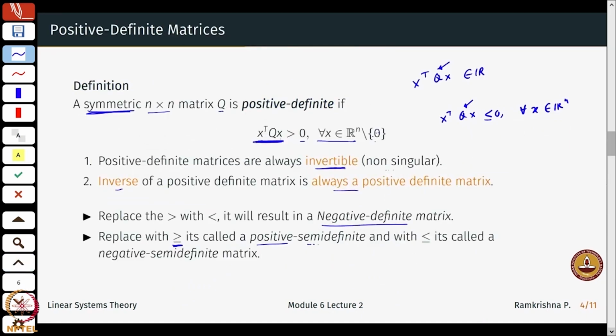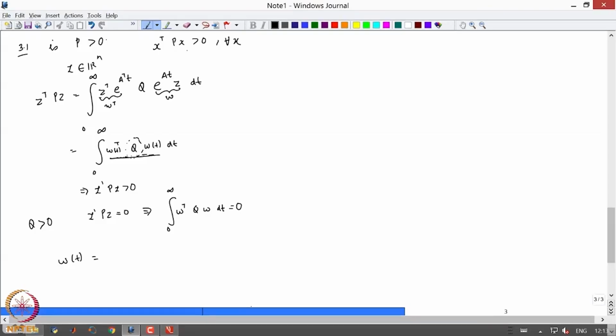Right here. Anywhere apart from the origin, it is greater than 0. So when x equals 0, it is obviously equal to 0. Which means that this should be 0, that is e power A t times z is equal to 0. And I know, because A is an exponentially stable matrix, that this will not be 0. So the only option left is z equal to 0.